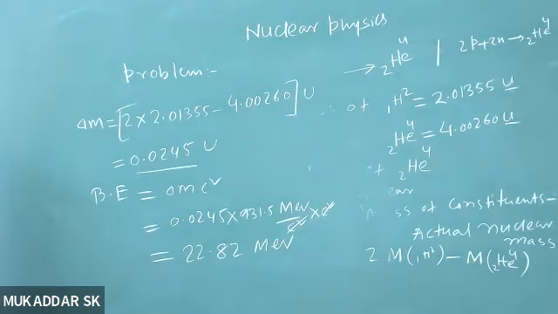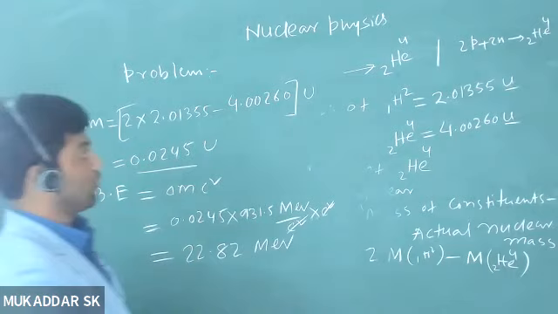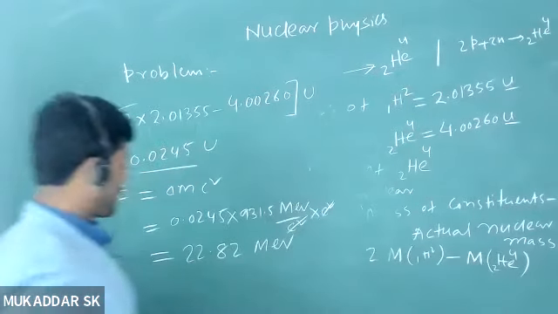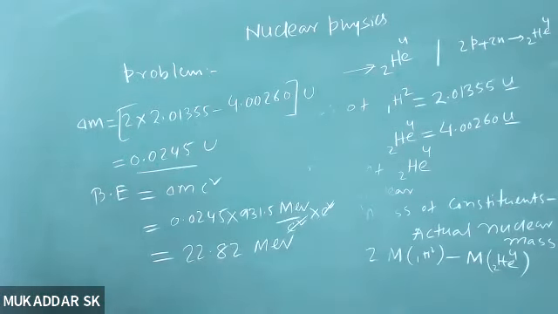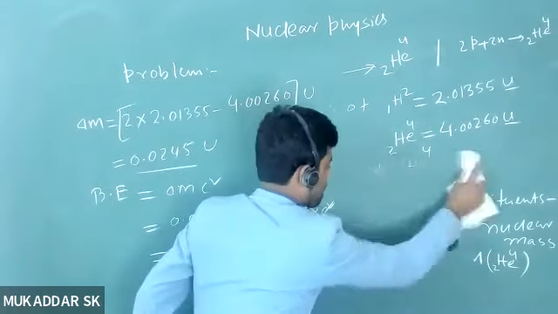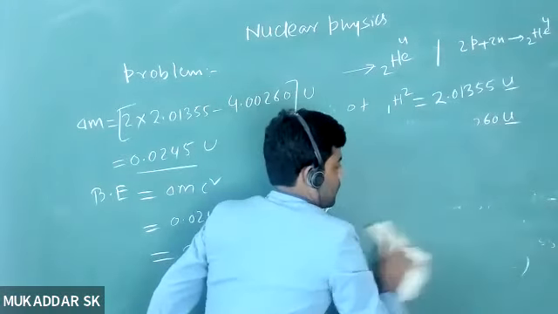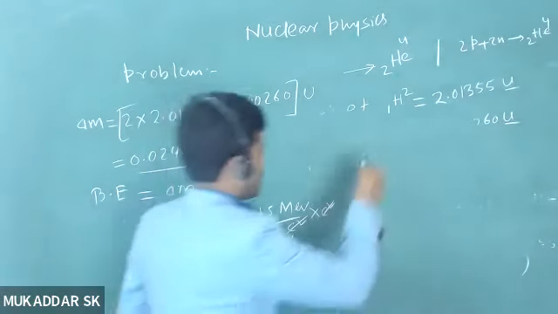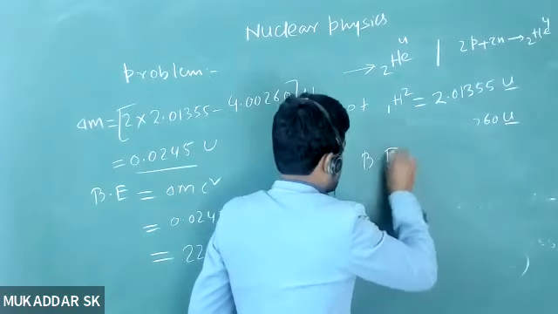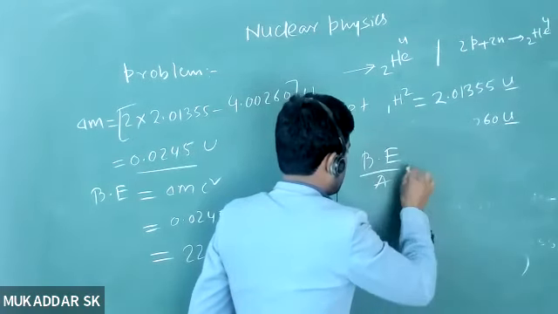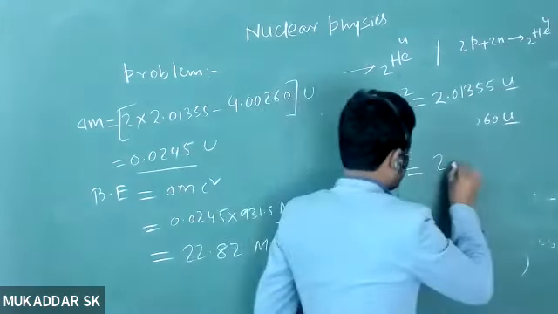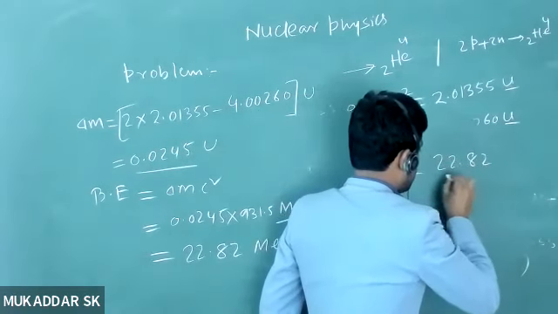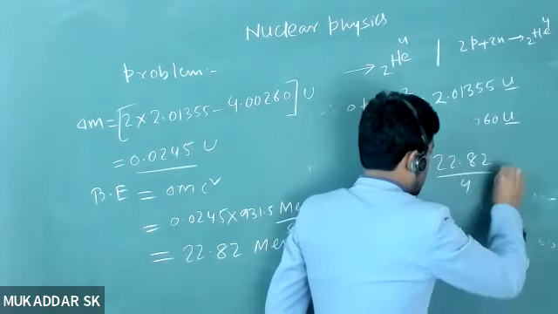Okay, and you have to calculate binding energy per nucleon, right? So you have to divide by what? Number of nucleons, how many are there? Divided by 4. Exactly. You'll have binding energy per nucleon. It means you have to divide this number by 4.